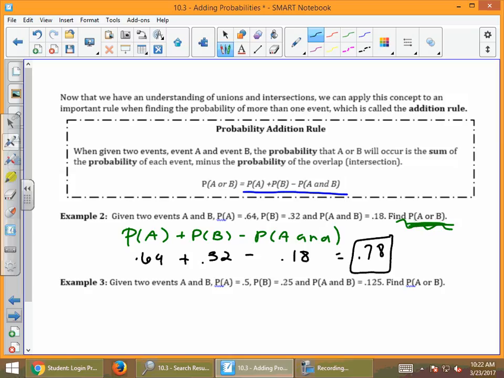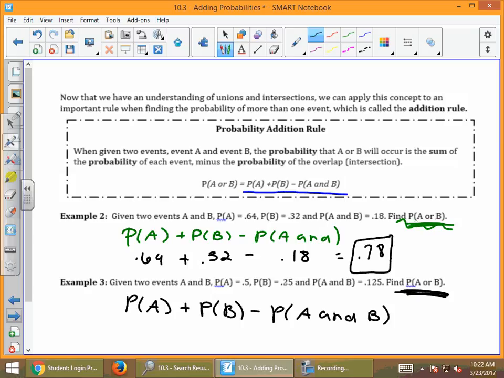Example 3 is really similar. Given these probabilities, we want to find the probability of A or B. So again, you see the word or, and that triggers in your brain: write down the formula. Probability of the first plus the probability of the second minus the probability of both. Every time you see that word or. What changes inside will depend on your scenario, but it's the same kind of thing.